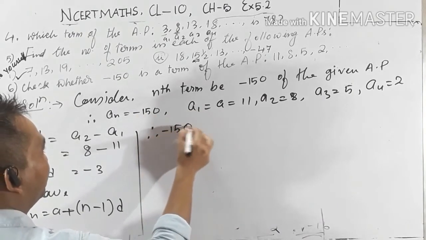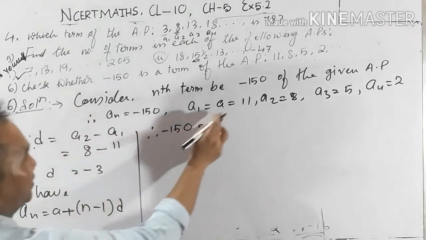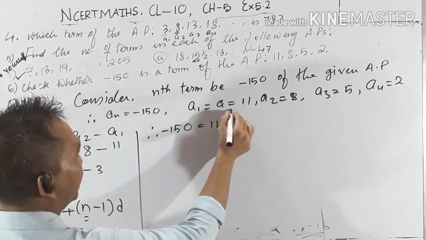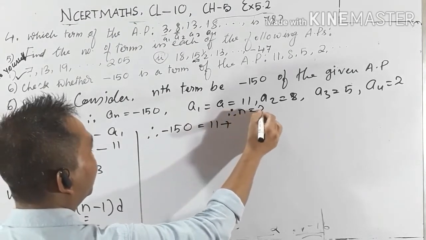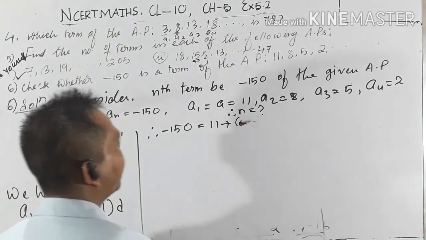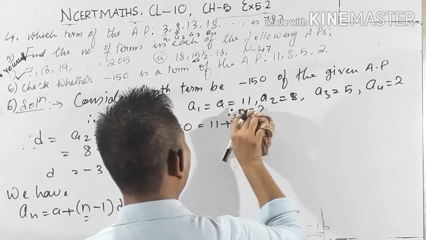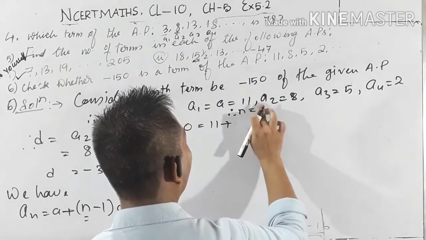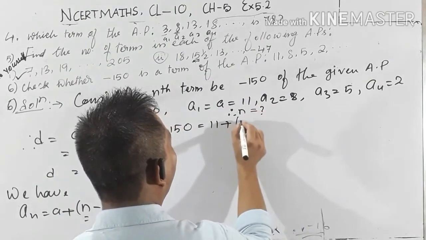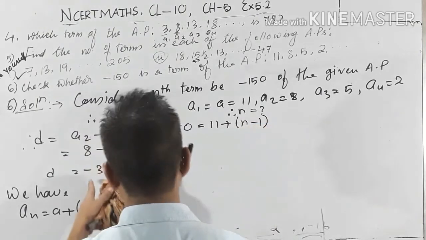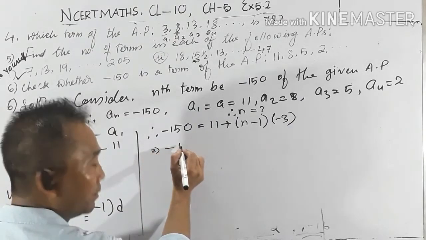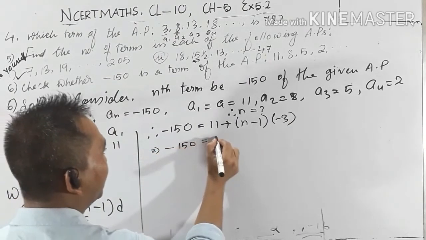Minus 150 equals the first term, that is 11, plus (n minus 1) times d, since we have to find n. Here d is minus 3, right? So minus 150 equals 11 plus (n minus 1) times minus 3.